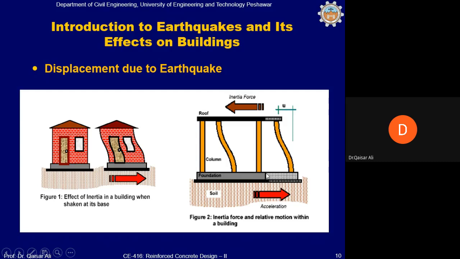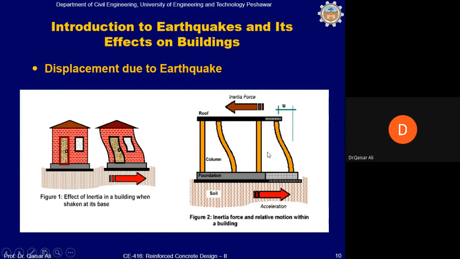If the total displacement here is, for example, 4 inch, and the roof moves only by 2 inch, then 4 minus 2, this 2 inch is the relative displacement, and it is basically this relative displacement between the ground and the roof which will produce stresses in the lateral load resisting elements. The lateral load resisting elements are columns and walls. Why in the lateral load resisting elements?